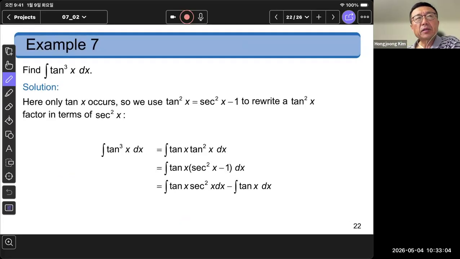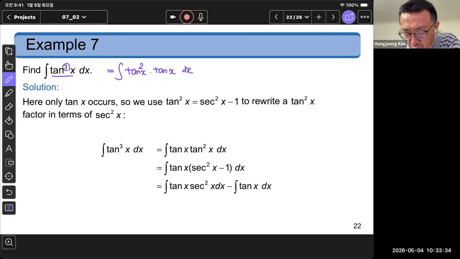So if I have tangent x to the third power, since this 3 is an odd number, you need to split tangent x cubed as tangent x squared times tangent x dx.